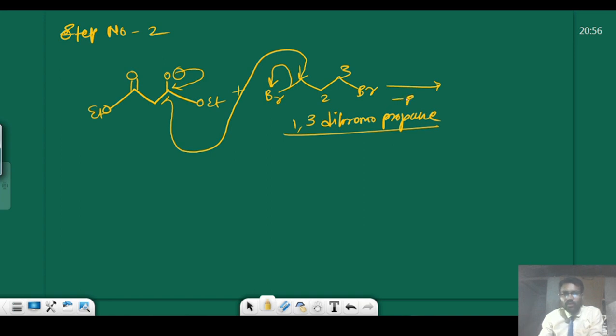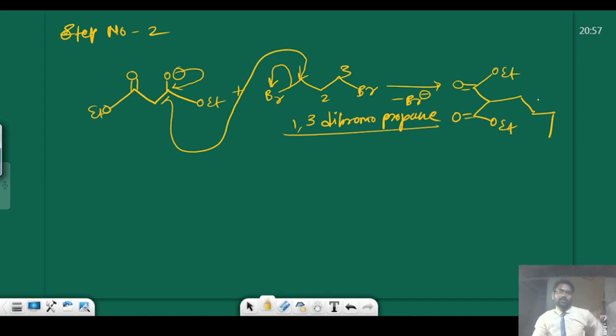C double bond O, OEt, C double bond O, OEt. 1, 2, 3, 4. So here is a new carbon-carbon bond between this and this carbon, 1, 2, 3. This is our bromine system. This is what we got as the step number 2 product.